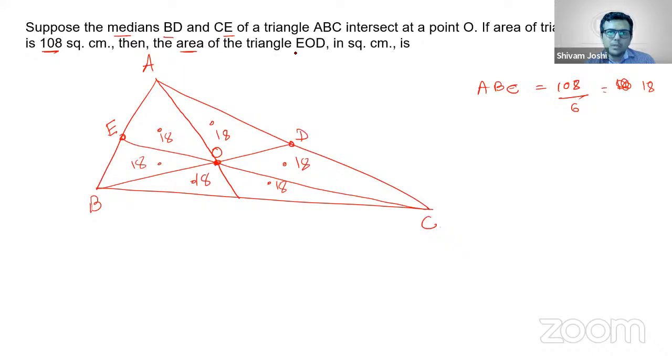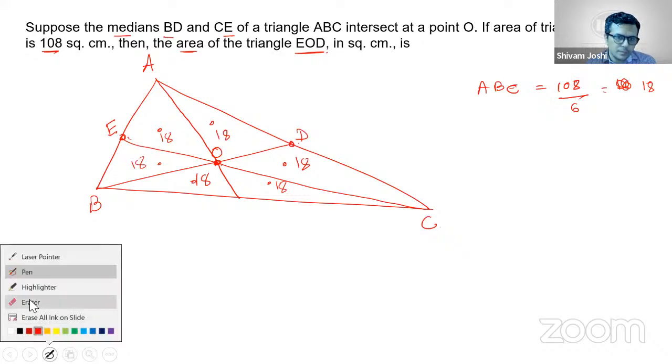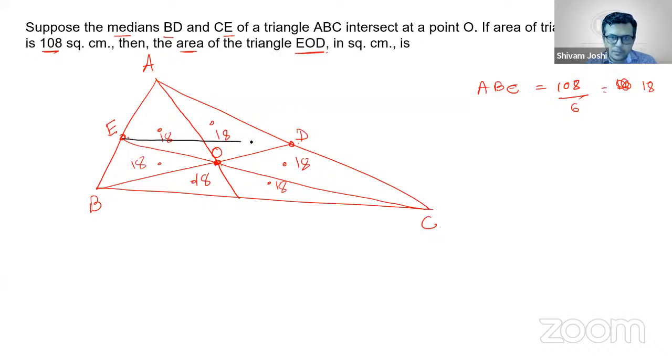Now you want to find out the area of EOD. How do you do that? You know that this 4 can be split as 3 and 1, remember? Right. So EOD.